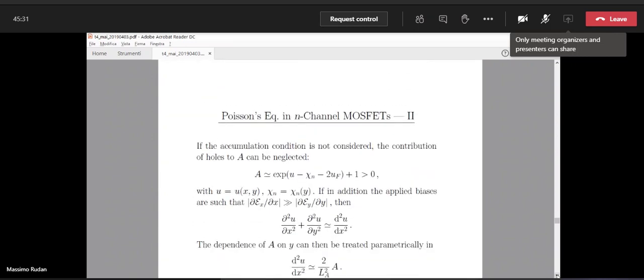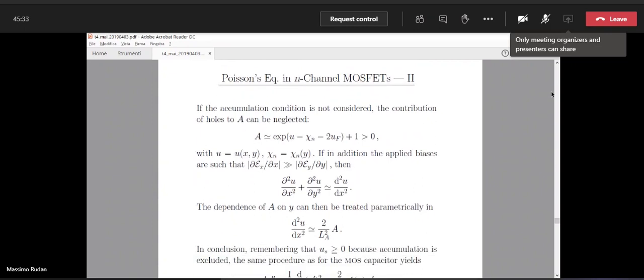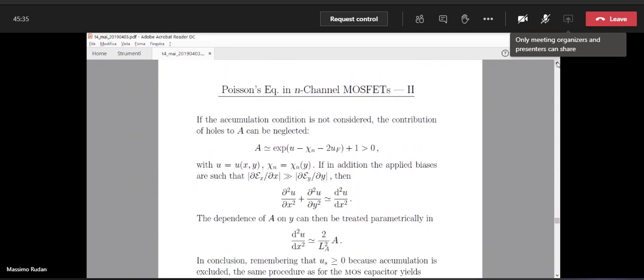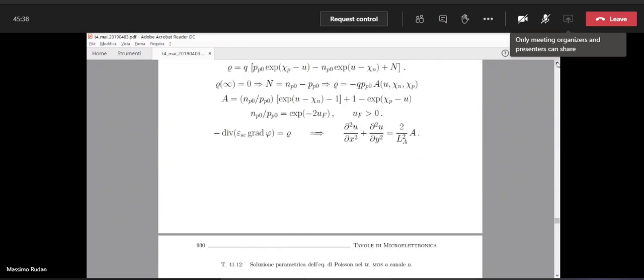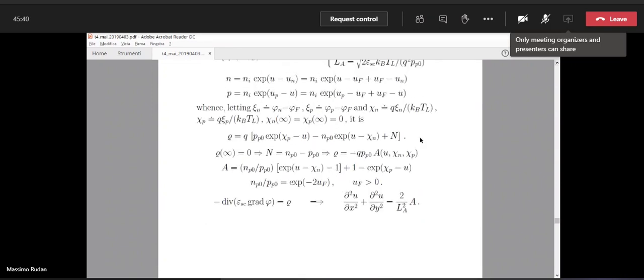Okay, so when we do that, when we neglect the holes, we simply neglect the exponential of chi p minus u.